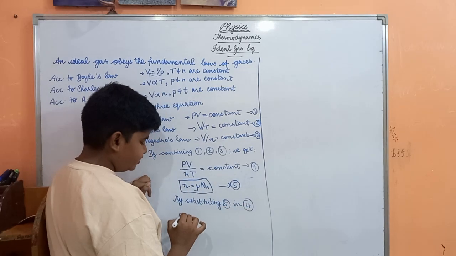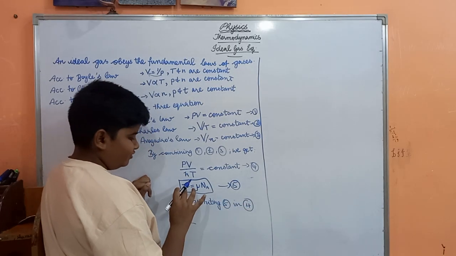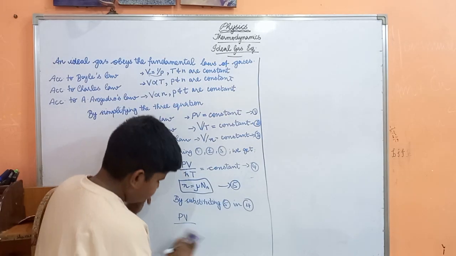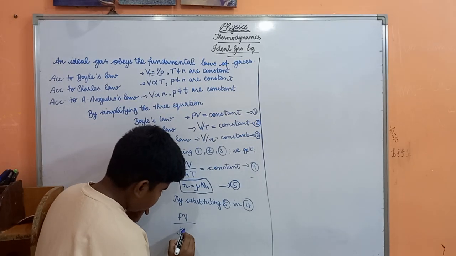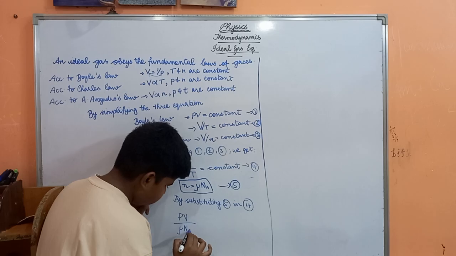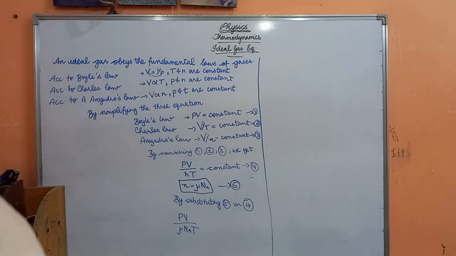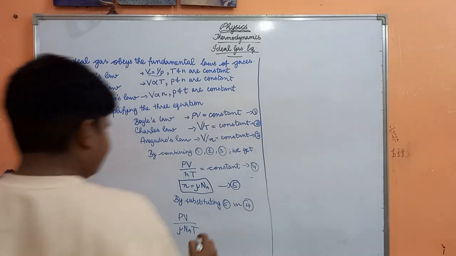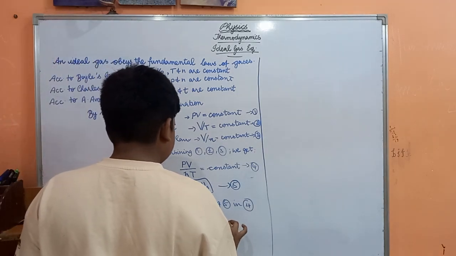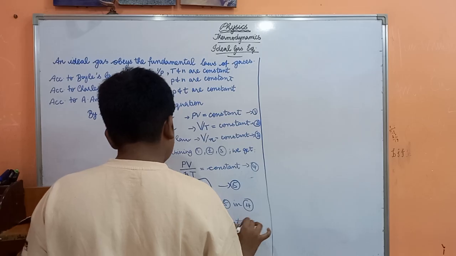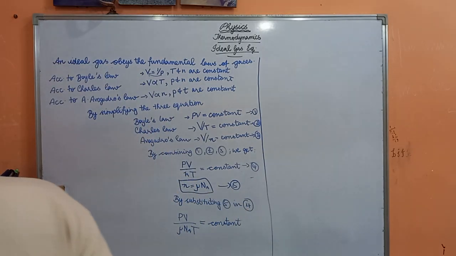So PV by T, in N's place you can put mu of Na, is constant. I hope you guys understood how this works.